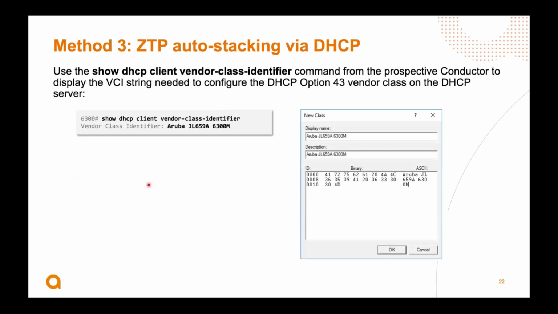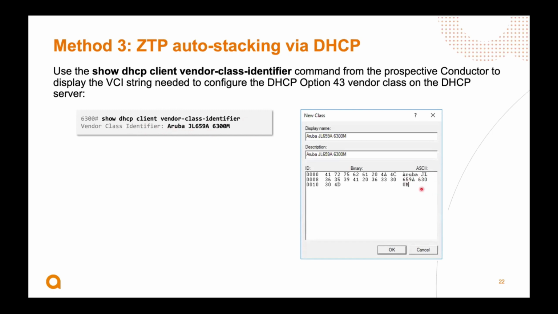To get the vendor class identifier that will be provided by the switch to the DHCP server so that you can define your vendor class that will be used for those sub-options, you have the show DHCP client vendor class identifier command, and the portion of the output after the vendor class identifier string is what will be used to define that vendor class.